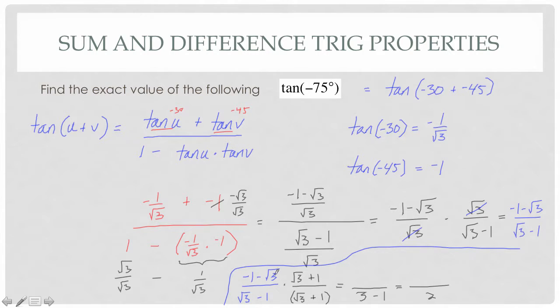But now let's see if anything shakes out or simplifies nicely in the top. So negative 1 times square root of 3 is going to be negative square root of 3. Negative 1 times 1 is going to be minus 1. Negative square root of 3 times the square root of 3 is going to be minus 3. And then the negative square root of 3 times 1 is going to be minus the square root of 3.